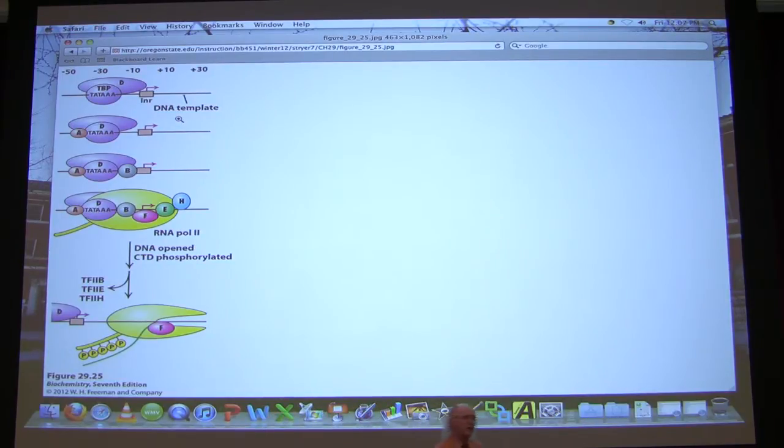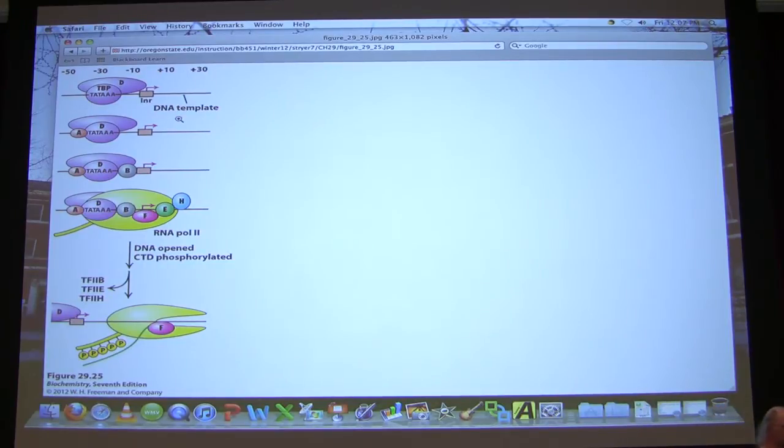As you can see, there's a sort of orchestration of the activation of transcription going on in this gene. Well, the first thing we see is that there's this factor called TBP that stands for TATA-Binding Protein. And TATA, of course, is that AT or TA-rich sequence that is ahead of the start site of transcription in eukaryotes. And TATA-Binding Protein is one of the proteins in a larger transcription factor called TF2D.